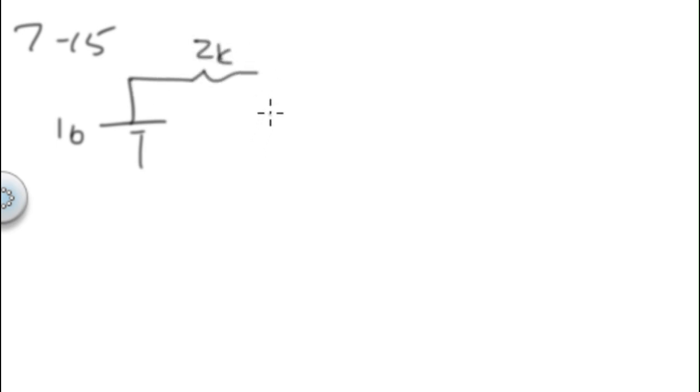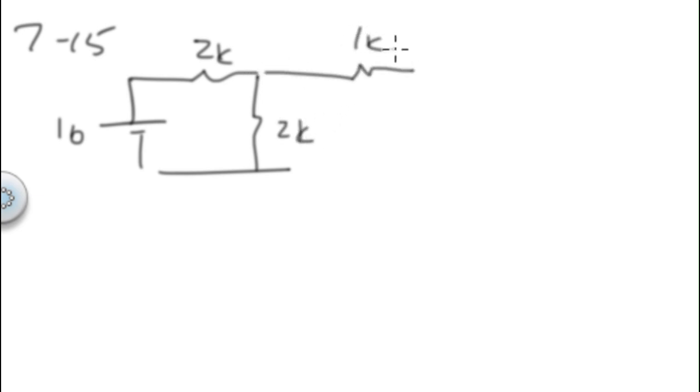So this problem is the same as the problem right before it, except for the fact that we have to Thevenize again. So 15, we start with a 16 volt source and a 2K up here and a 2K down here and then a 1K over here. We're going to go right through the switch. We do the same thing we did before, this 2K over here.